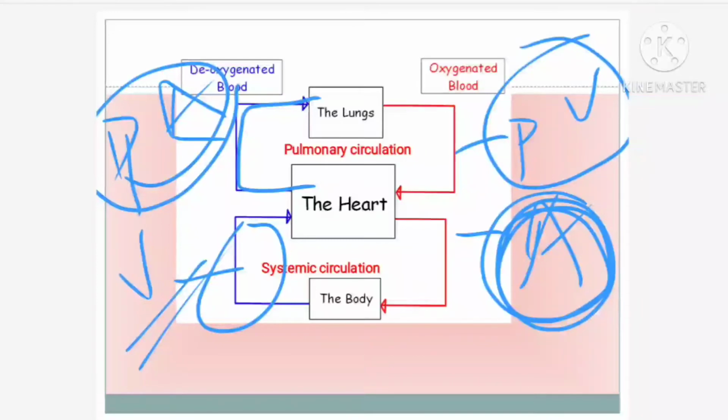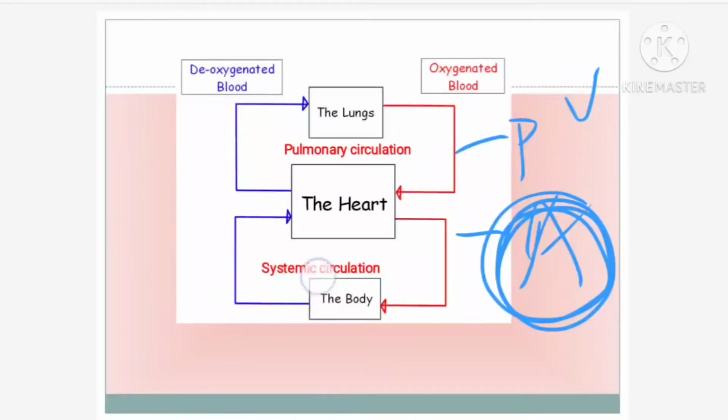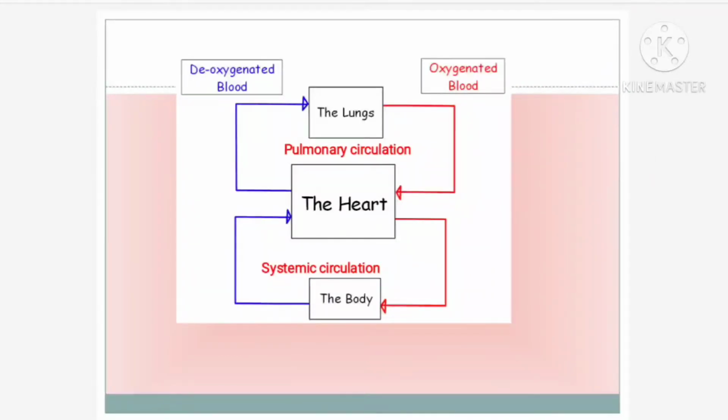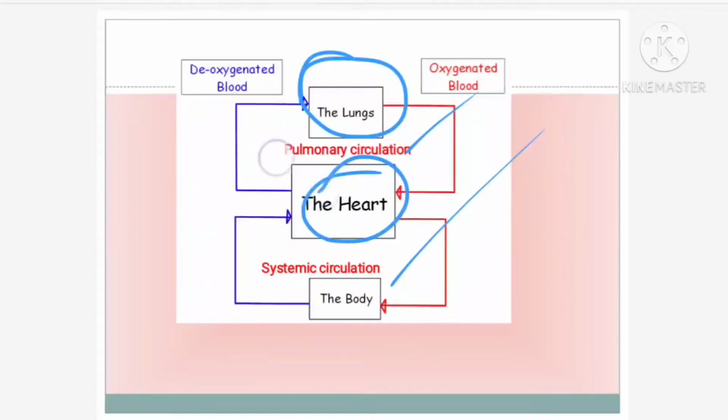The pulmonary vein. Okay. Now, I can divide the circulation into two parts. What are the two parts of circulation? One is the pulmonary circulation and another one is the systemic circulation. What is pulmonary circulation? The circulation which is taking place between the lungs and the heart we call pulmonary circulation. Pulmonary is something dealing with the lungs.